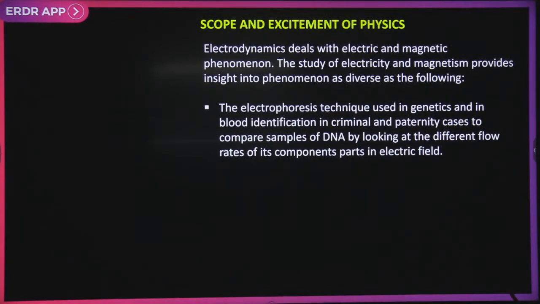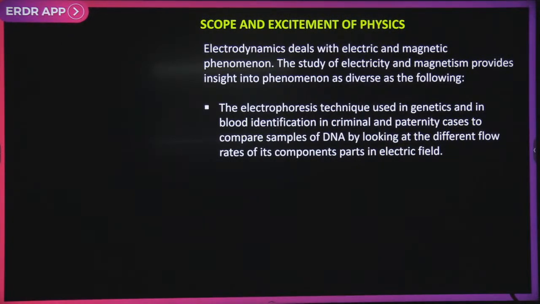Electrodynamics deals with the electric and magnetic phenomena we will study later when we study that chapter. The electrophoresis technique is used in genetics and in blood identification in criminal and paternity cases to compare samples of DNA by looking at the different flow rates of its component parts in an electric field.